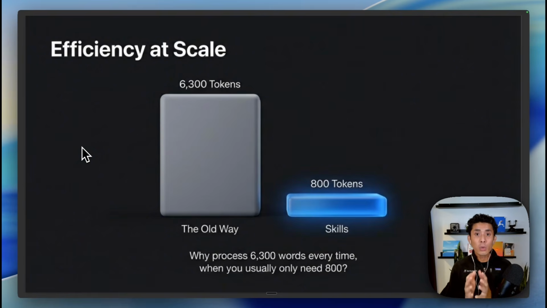Also, tokens is the technical jargon for the units that make up a context window. So for example, if we think about the backpack, say a backpack can only fit 100,000 tokens. Well, do I want 6,300 tokens taken up by things that are not relevant to the task at hand?